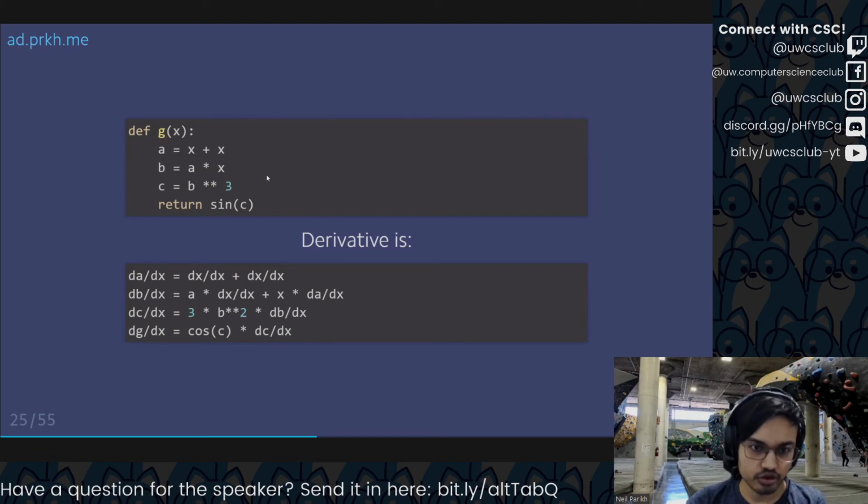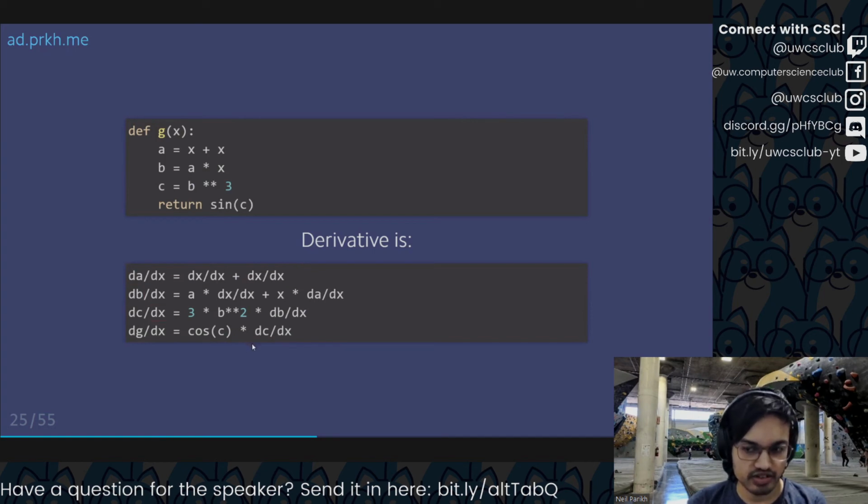If you look at the order of the original function and our derivatives, it's the same order, right? When we calculate a, we can use a to calculate b, and b to calculate c, and then c to calculate the final value. Same thing here. We can calculate da/dx first, use that to calculate db/dx, then use db/dx to calculate dc/dx, and then use dc/dx to calculate dg/dx.